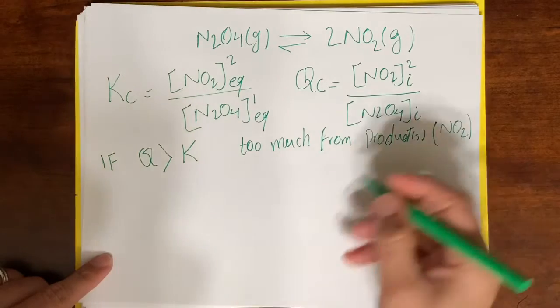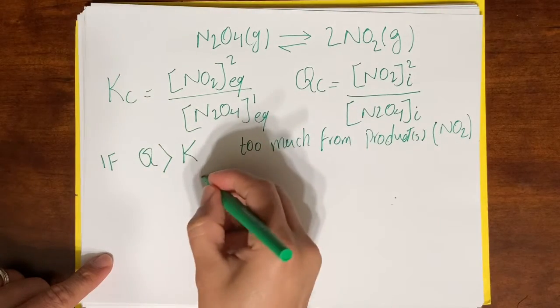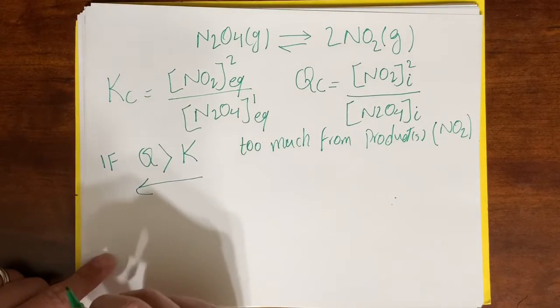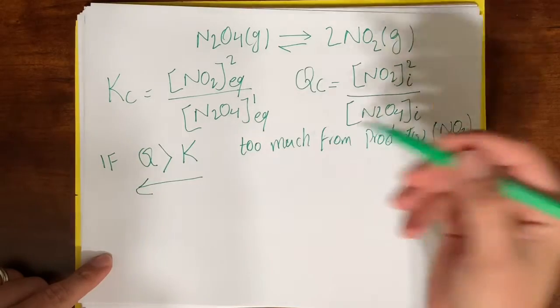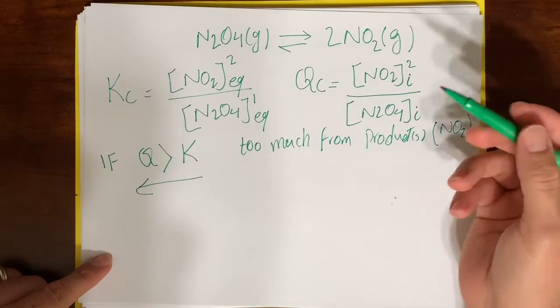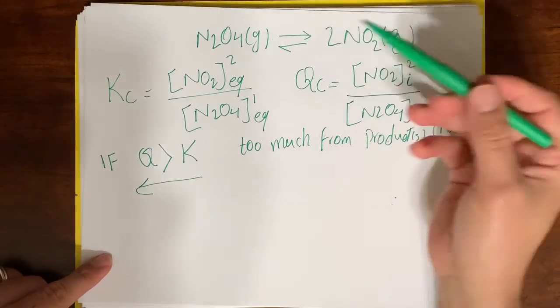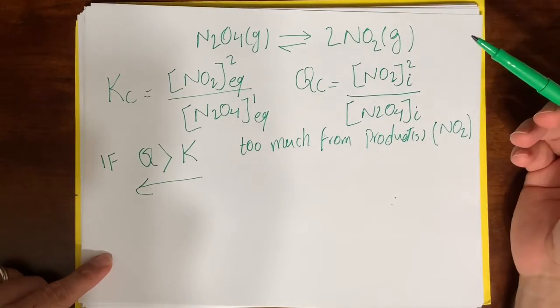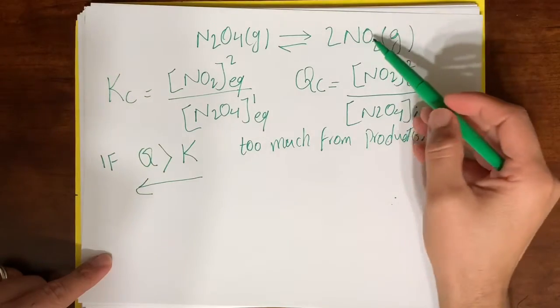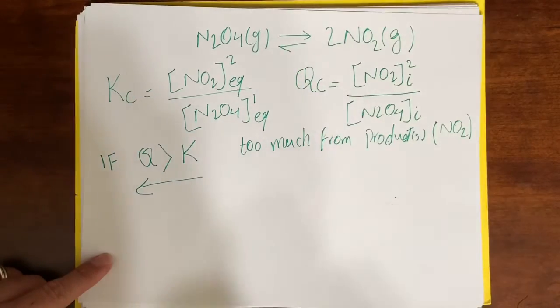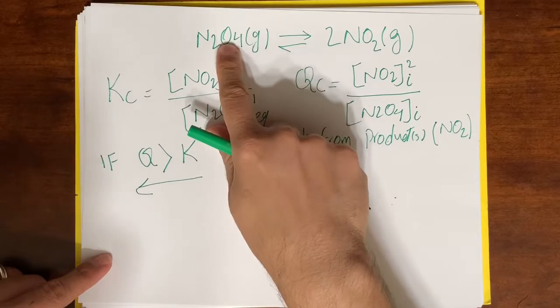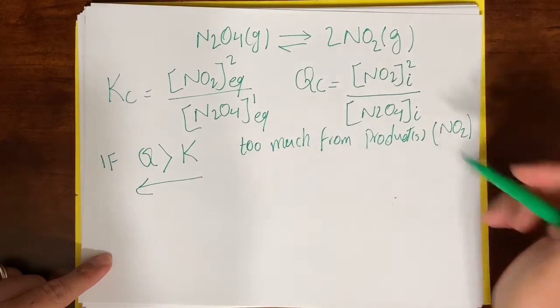So what do we need to do? The reaction will go to the left side to eliminate some of them. In this case we don't have a solid, so I don't have the right to say crash. It will go back to the reactant to increase the concentration of the reactant and decrease the concentration of the product.